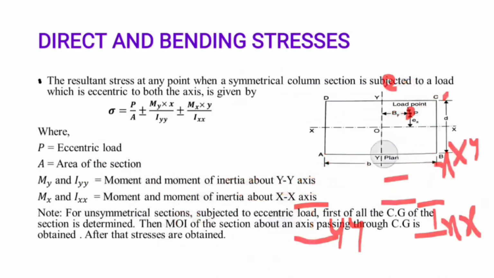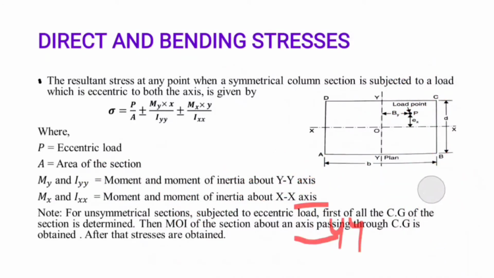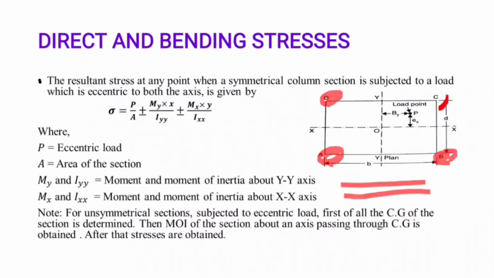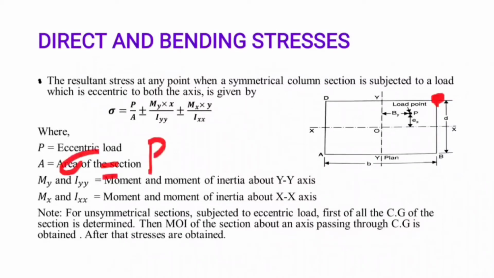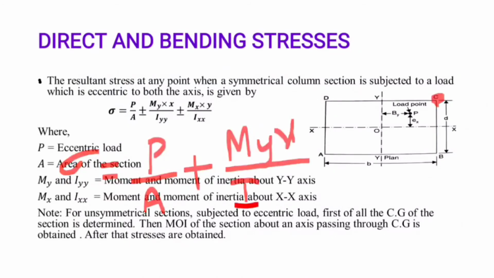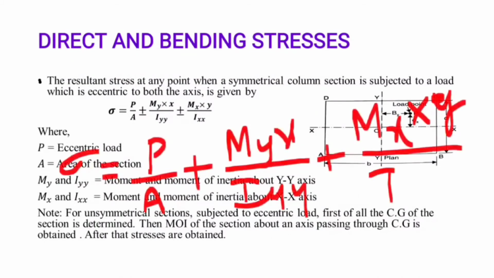I will show this on a rectangular section. It has 4 corners. For the 4 corners, let's see how the resultant stress changes. Let's see for corner C. The resultant stress will be P by A plus My x by Iyy plus Mx y by Ixx.